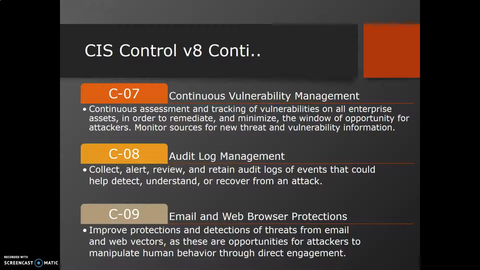Whatever emails come to us, it may be possible that malware has come into an email as an attachment, or there is a link which can take us to a malicious website, which can either download some malware when we click on it, or ask for confidential data. If we share it, it can harm us. So we need to protect that.